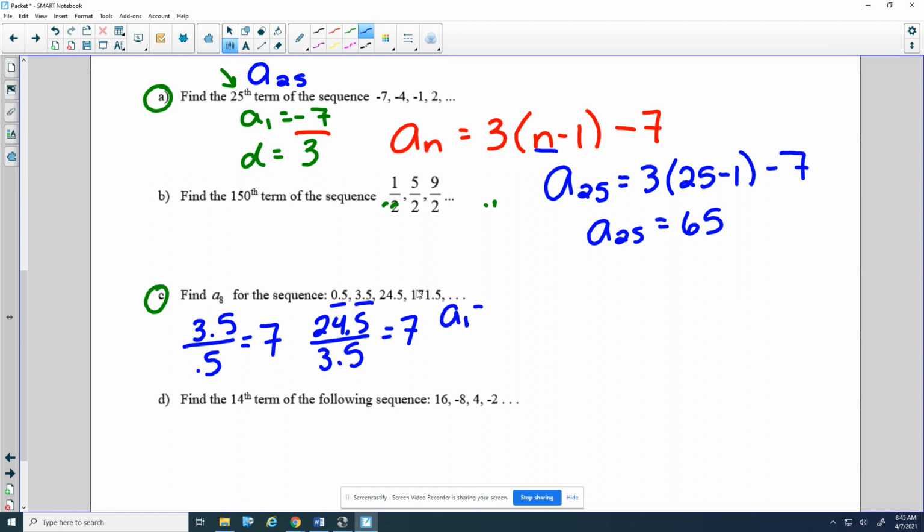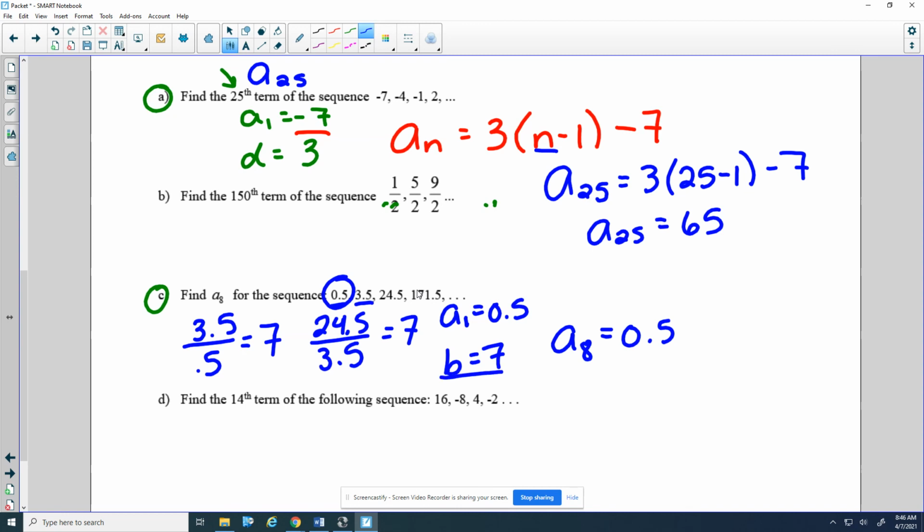So I'm starting out with 0.5, my common ratio is 7. So my function, and I'm actually just going to write it without writing the function out. I'm going to plug in the 8, okay? So let's just write a sub 8. My start value, my a sub 1, is 0.5.